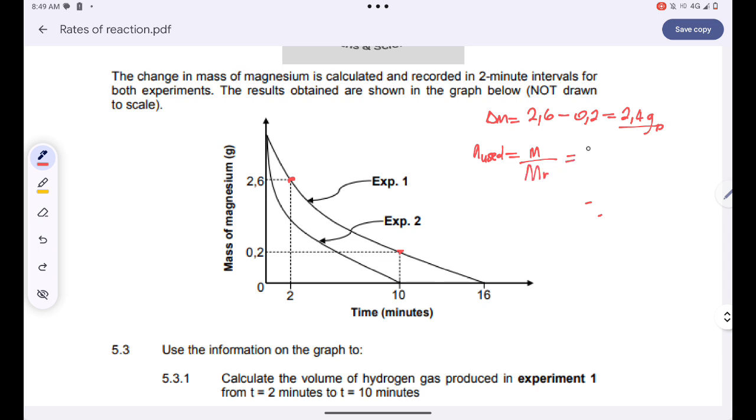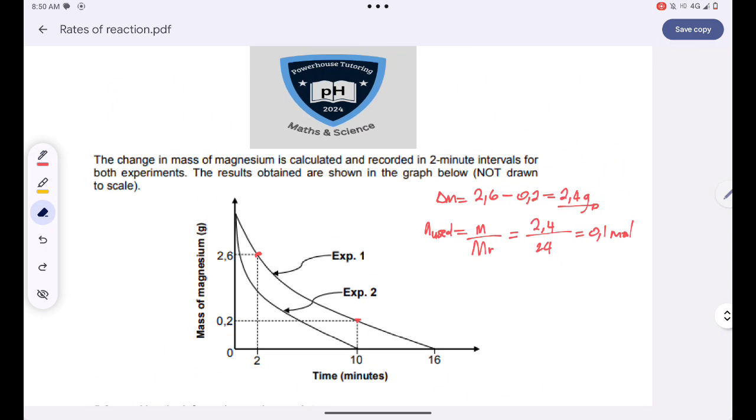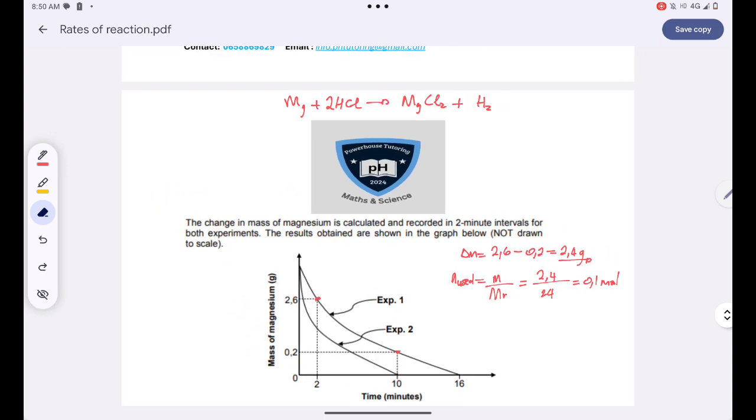I know that 2.4 will be used between that time interval, and the relative atomic mass for magnesium is 24. And then this will simply give me 2.4 divided by 24. I'll simply get 0.1 mole. So I now know that 0.1 moles will be used to form hydrogen between this time interval.